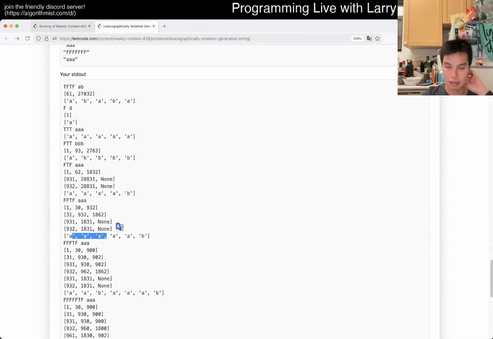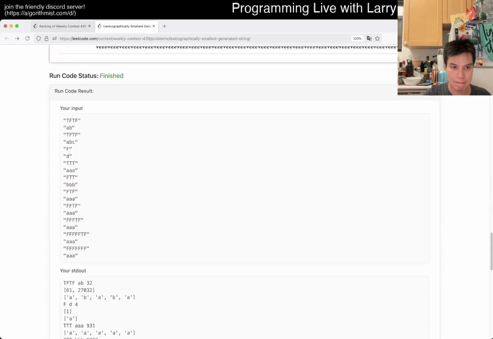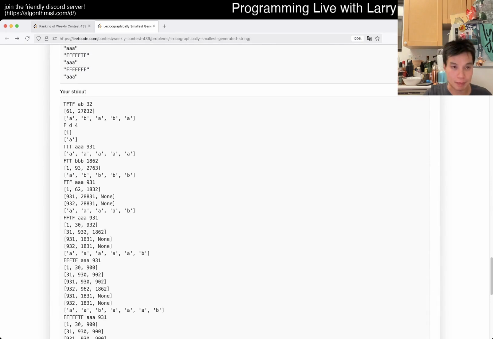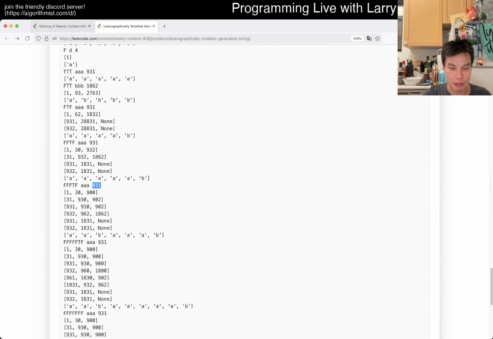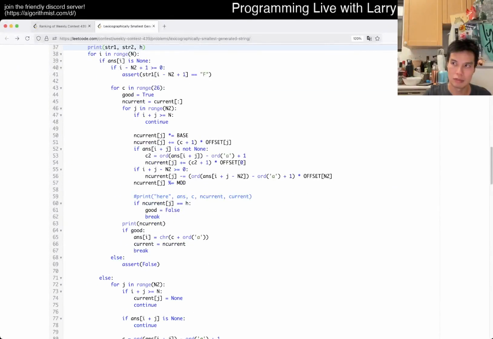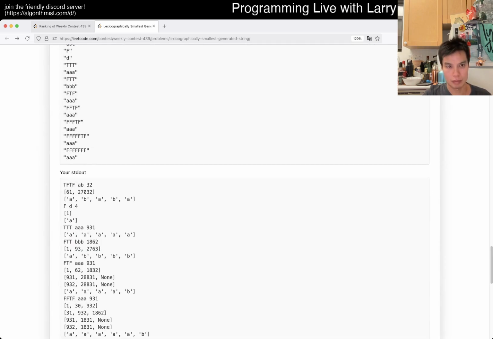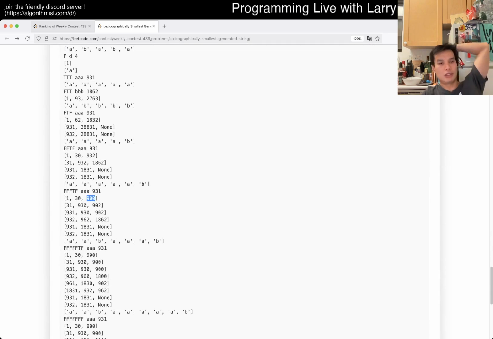AAA is clearly wrong. So our arrays are, I need to also bring in H. Right, 931. So then here we have 900 is wrong. Oh no. 900 is wrong.